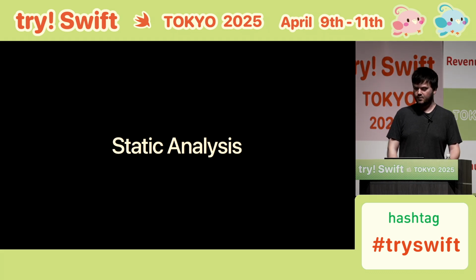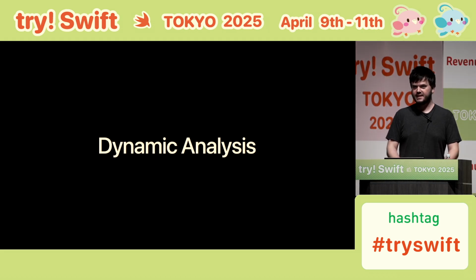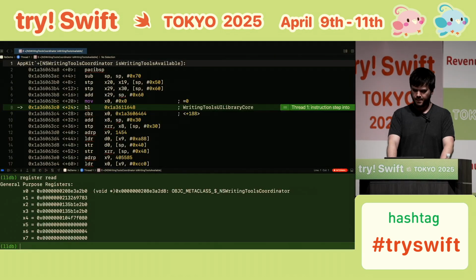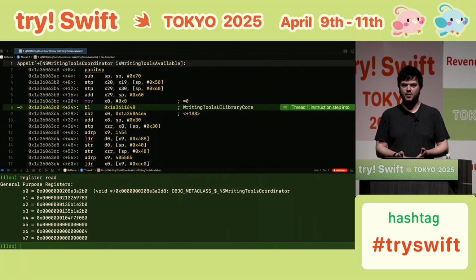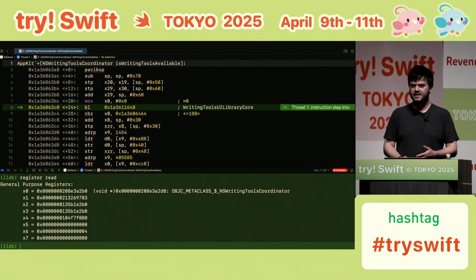That was an example of what's called static analysis, where we take apart a binary and look at it without actually running it. Another approach is dynamic analysis, where we actually hook into the process at runtime and inspect what it's doing. Now, doing that for system processes on iOS is effectively impossible without a jailbroken device or a security research device.